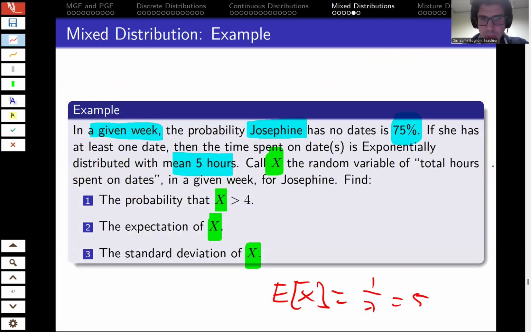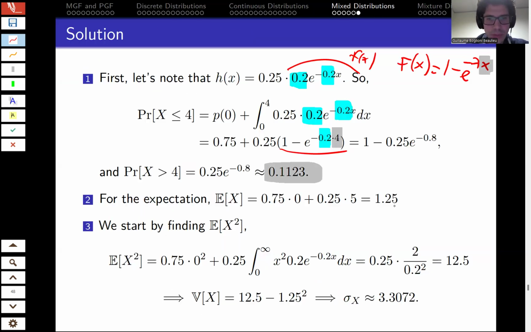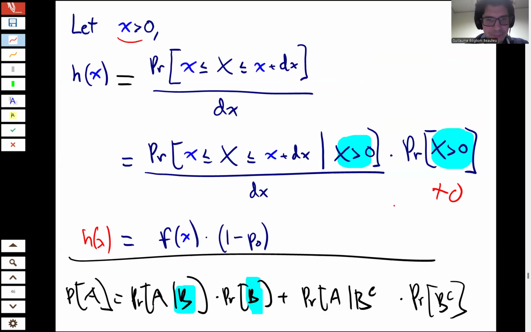And then lastly, you need the standard deviation. How do you get to the standard deviation? Well, of course, you need the variance. And how do you get the variance? You need the expected value of x squared. Now, the expected value of x squared is also found with the general formula.